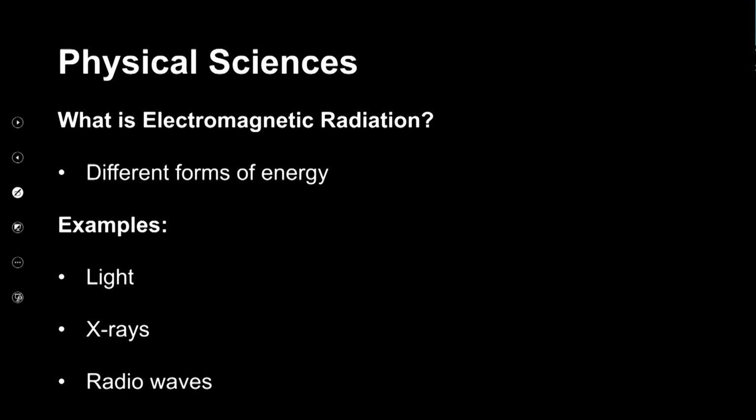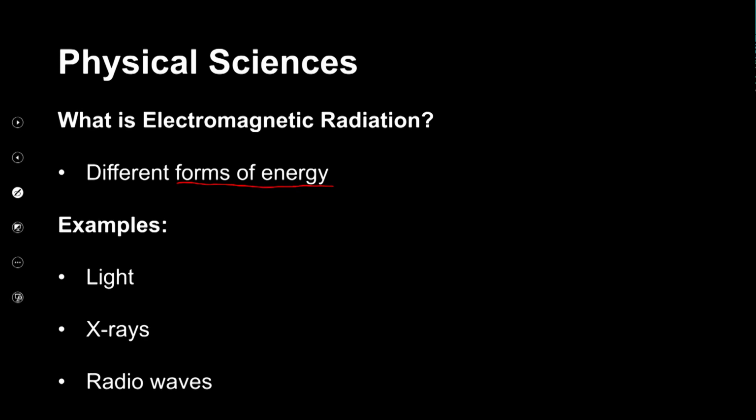So what is electromagnetic radiation? Well, electromagnetic radiation is different forms of energy. We get forms that are very high energy and can be quite potentially dangerous to us, and forms that are relatively low energy and pose almost no risk to us. We see electromagnetic radiation in all its different forms all over the place in our modern lives.